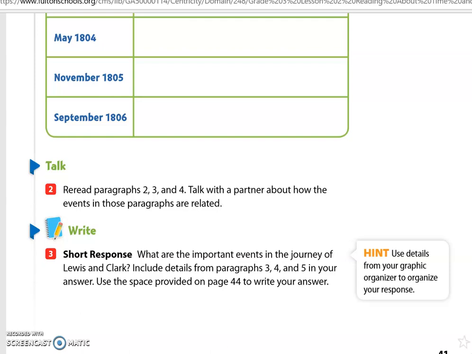Use the space provided in our exit ticket link at the bottom of this video. Use details from your graphic organizer to organize your response. Remember to use the RACE format for constructed responses to help you and guide you in answering the question.